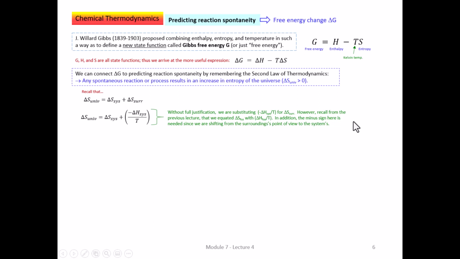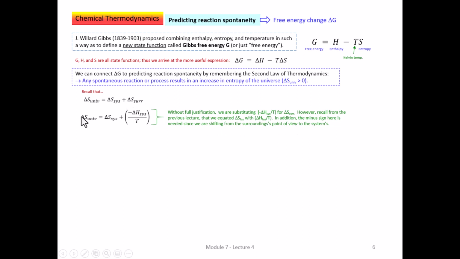Now, I can't defend the substitution very well, but I can defend it a little bit by recalling that we discussed before that we could equate delta S of fusion, delta S of melting for ice to water, with the term delta H of fusion over absolute temperature. So I'm doing a substitution of delta S with delta H over absolute temperature.